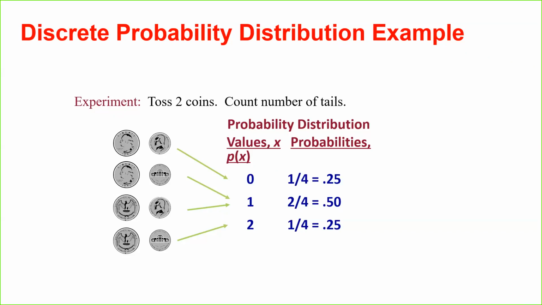Am I right? Yes, sir. So what is the probability of the number of tails equivalent to 0? If you toss 2 coins, what are the possibilities? Either both of them can be heads, one head and one tail, or both of them can be tails.